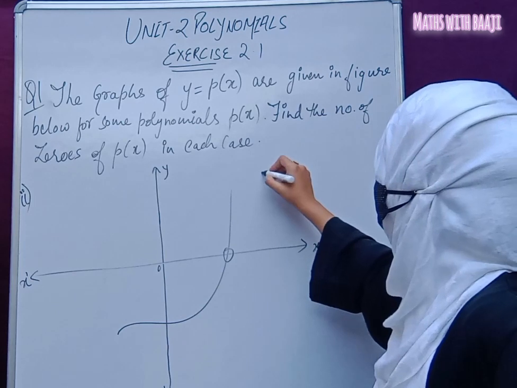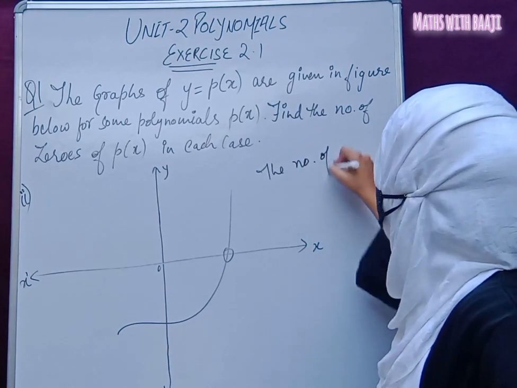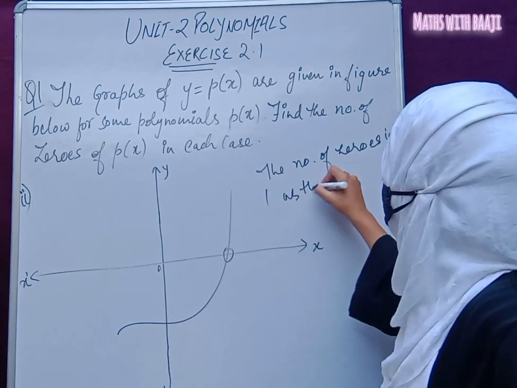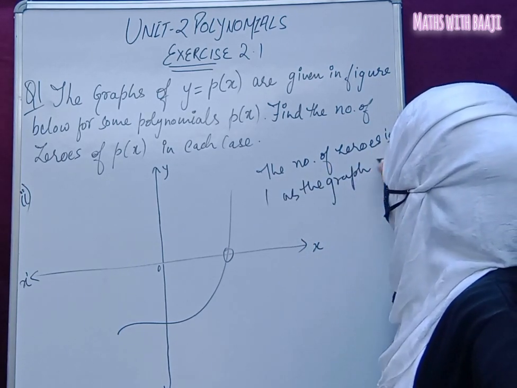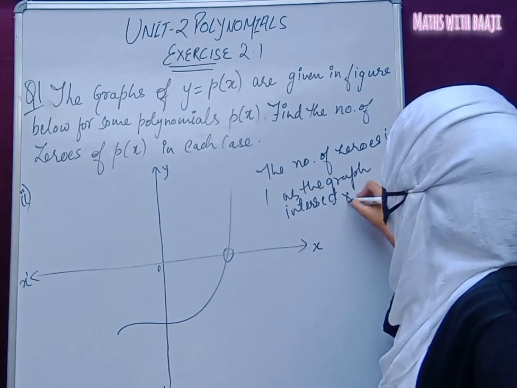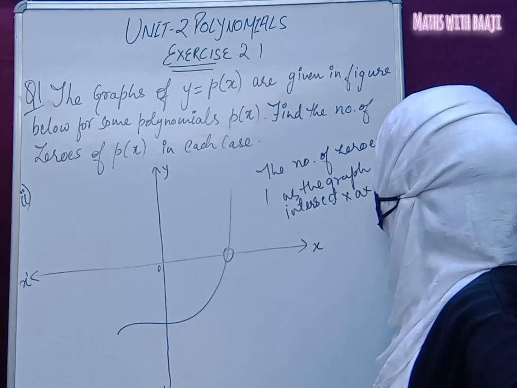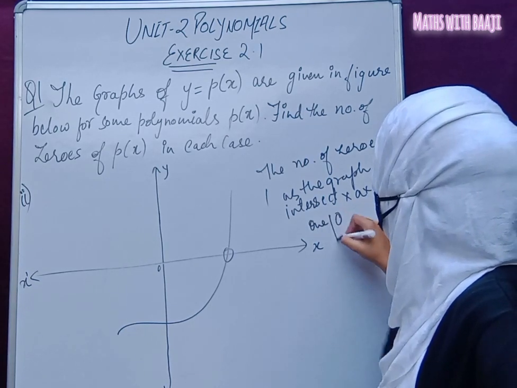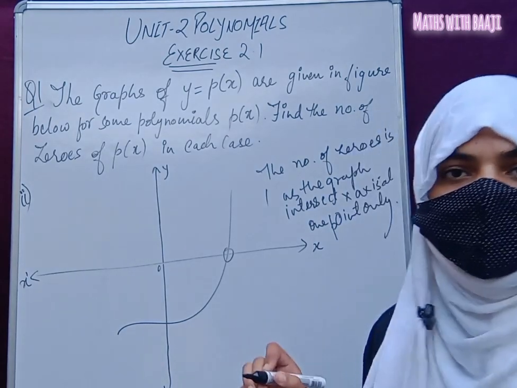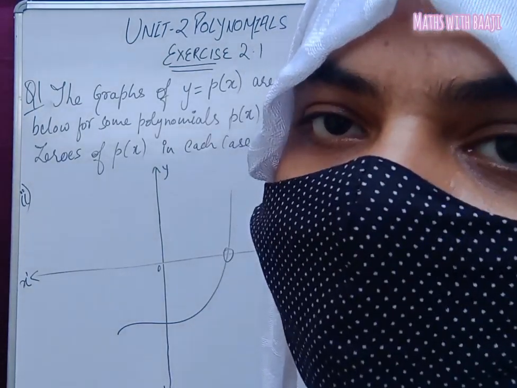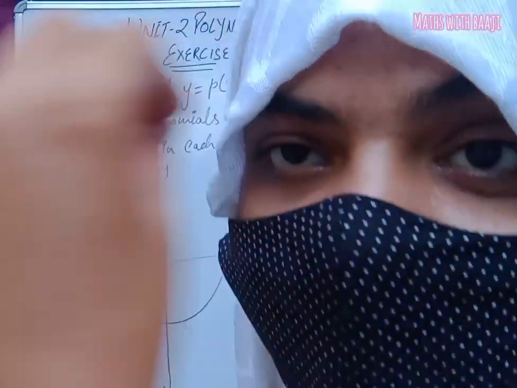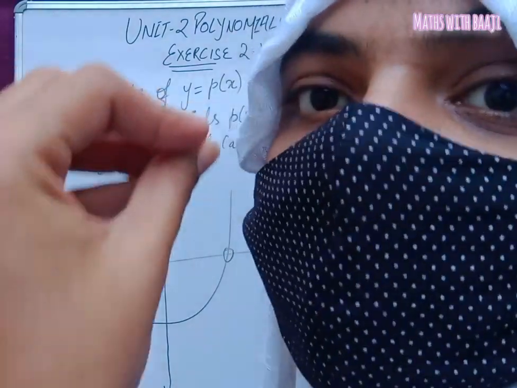So we can say the number of zeros is 1 as the graph intersects the x-axis at one point only. How many times it is intersecting or touching your x-axis, that matters.